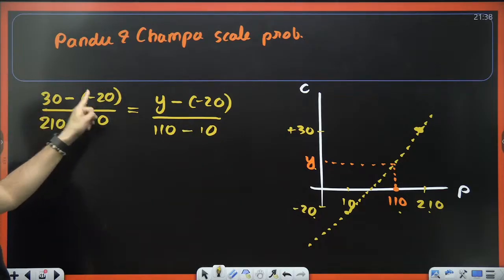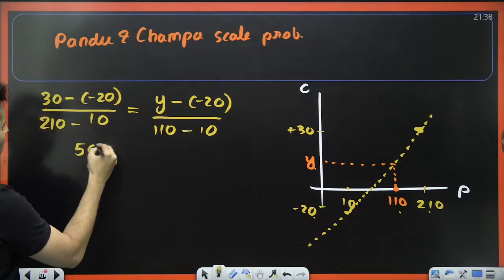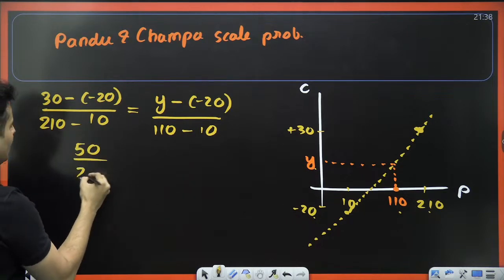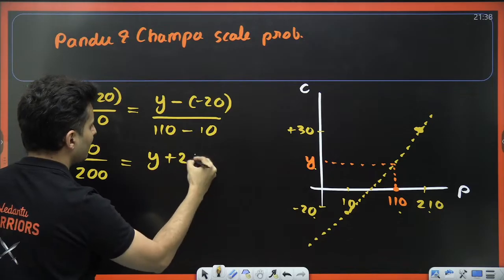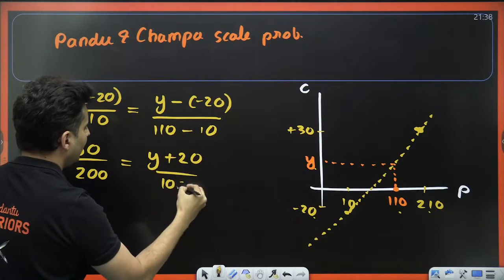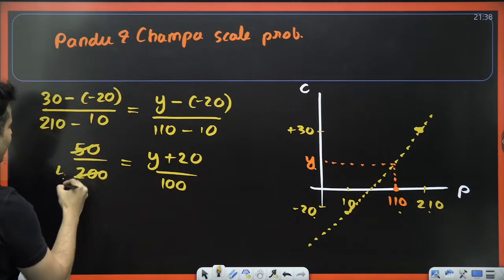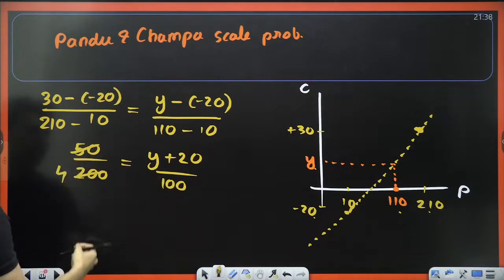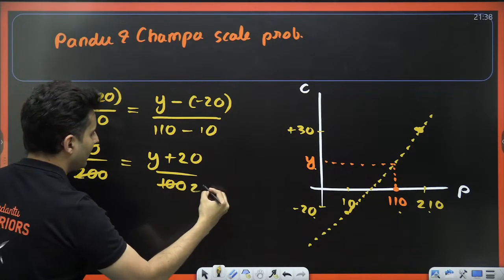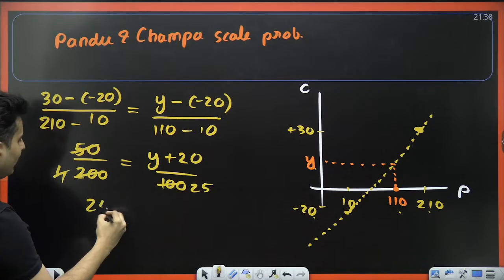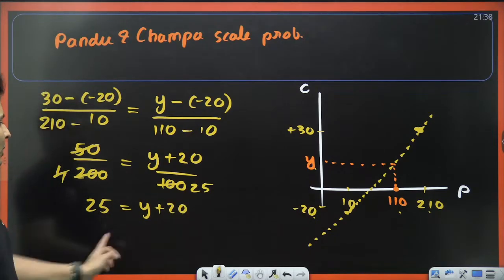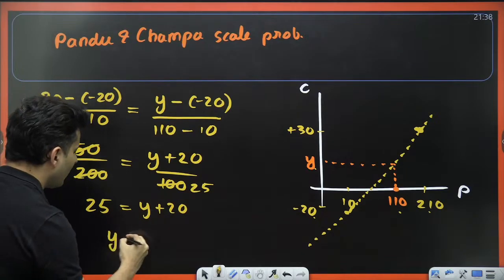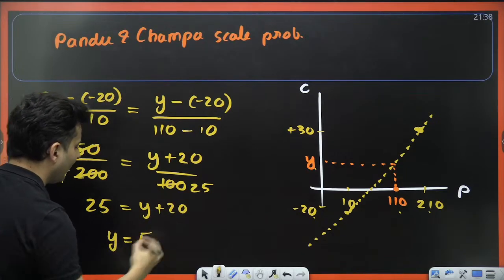So 30 minus minus 20 will become 50. 210 minus 10 is 200, is equal to y plus 20 upon 100. This will just become 1 by 4, and 4 goes into 100 25 times. So 25 is equal to y plus 20. Therefore, y will be nothing but 5.